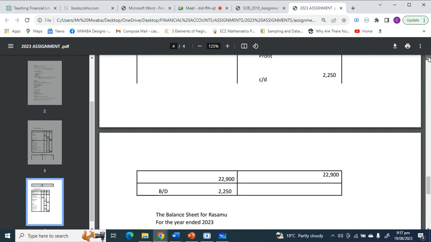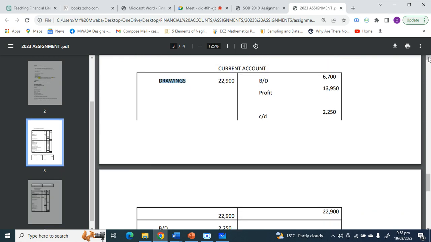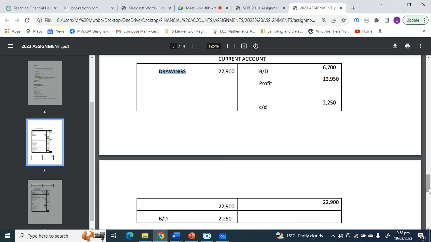The current account is more like a capital account too. It also increases with credit. So the balance brought down usually should be on the credit side. So we get the totals. The heavier side is the debit side.